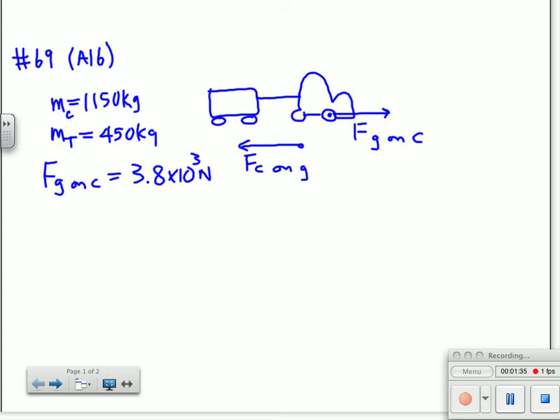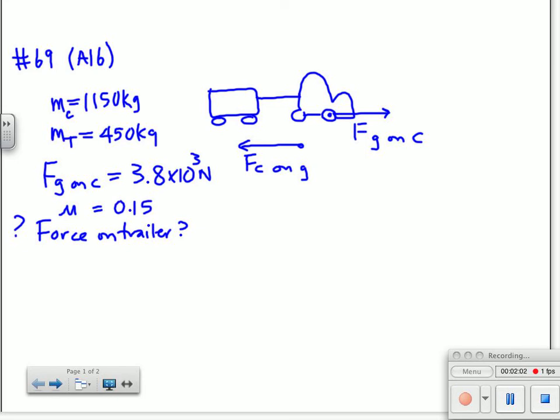We want to know what force does the car exert on the trailer. So our question is force on trailer, and we know that the coefficient of friction on the trailer, I'll sneak that in right here, is 0.15.